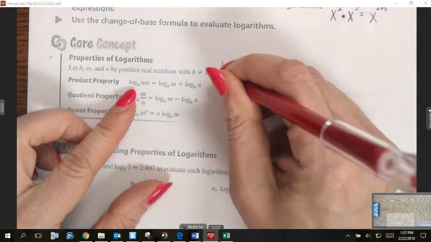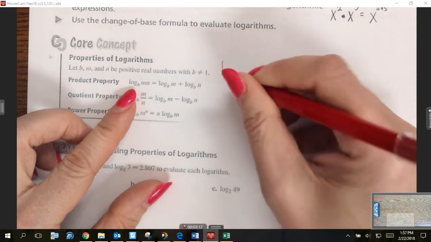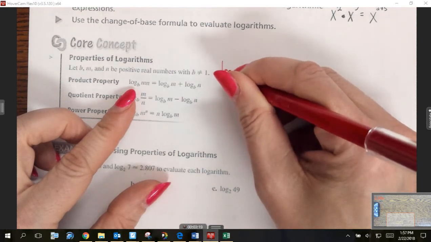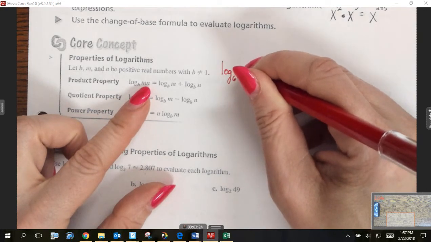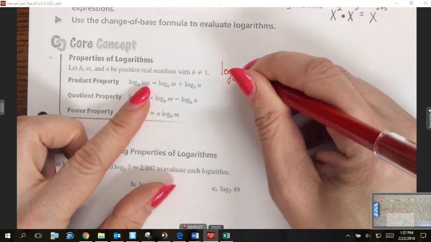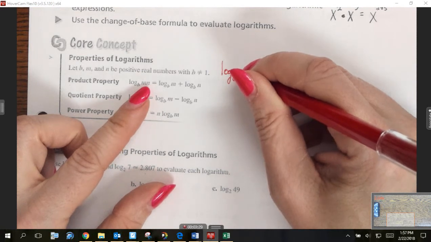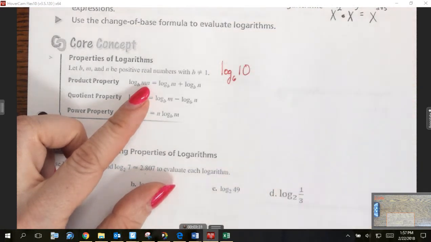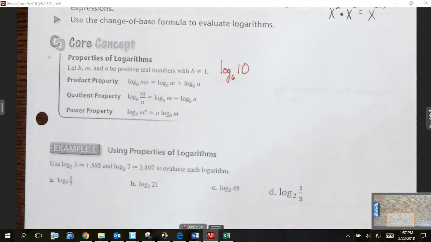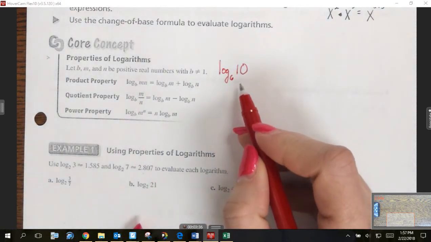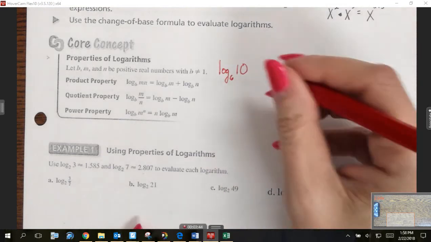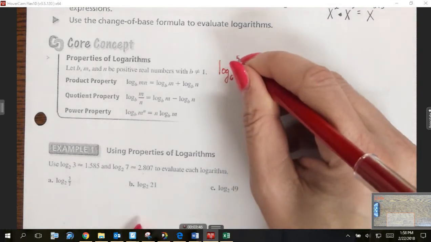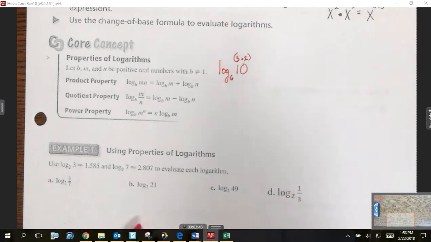How about log base 6 of 10. 10 is 2 numbers multiplied together. Do you know what 2 numbers multiplied together would be 10? There's more than one answer, but 5 and 2 sounds good. Right? 10 is 5 times 2.